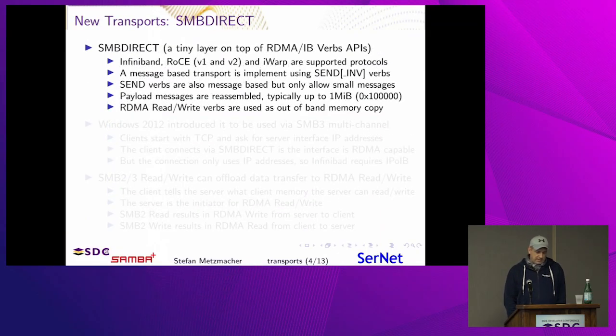Then SMB-Direct was added back in 2012. It's basically a tiny little wrapper around RDMA and IB-verbs APIs. It supports InfiniBand, RoCE v1 and v2, and iWarp. And it's a message-based protocol implemented using send and send invalidate verbs. And the send verbs are also message-based, but they only allow a very small message size.